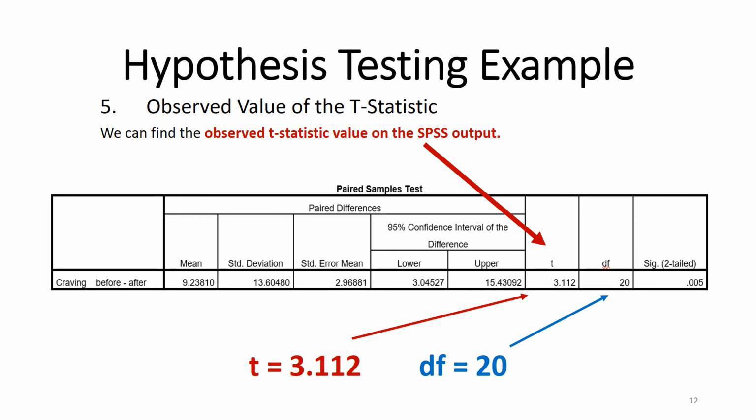So we had 21 pairs minus 1, and that's why we see that degrees of freedom of 20. But once again, whether or not you remember that right now is not as important as being able to find it on the output so you can report it in your results. So we have a t of 3.112. We have a degrees of freedom of 20. Now we can move on to finally step 6 and make our decision. Let's move on to the next slide.